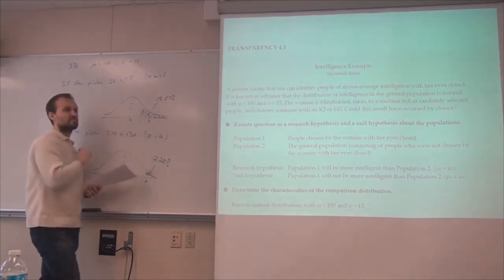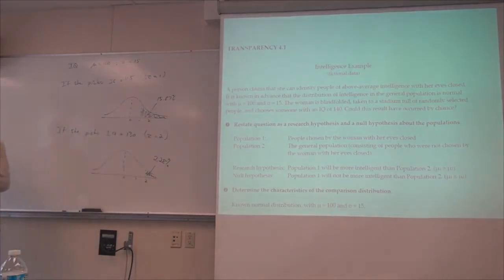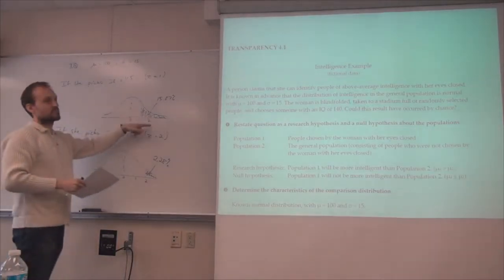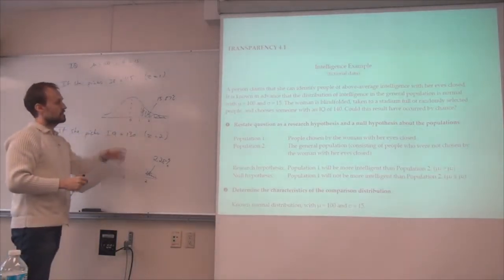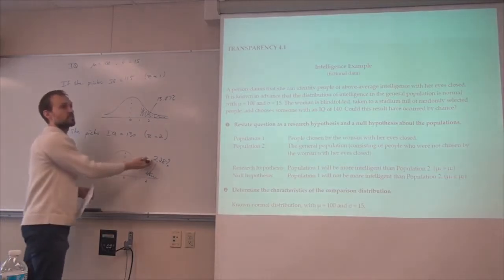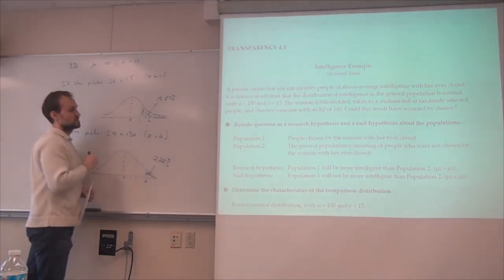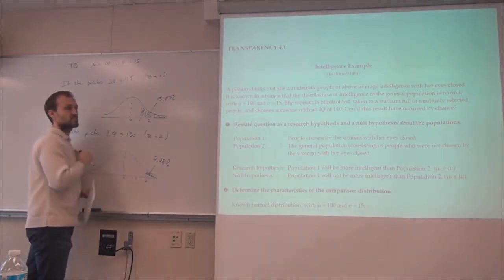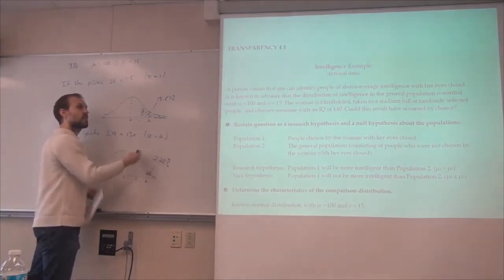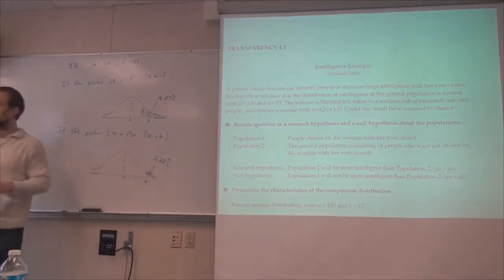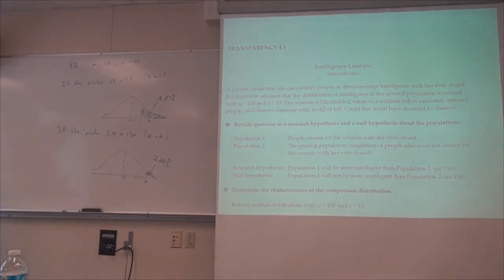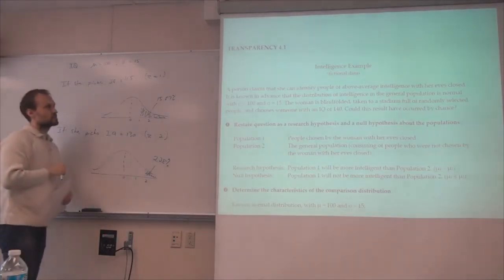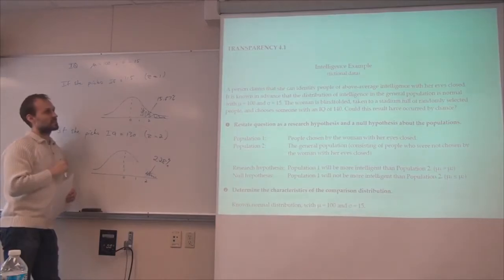Am I happy with 15%? No, not really. I can do that by chance. 1 in every 6, more or less, is going to fall in this range. Am I happy with 2.28%? Well, I think so, yeah. So you decide beforehand what percentage you are happy with. The standard is sort of 5%.